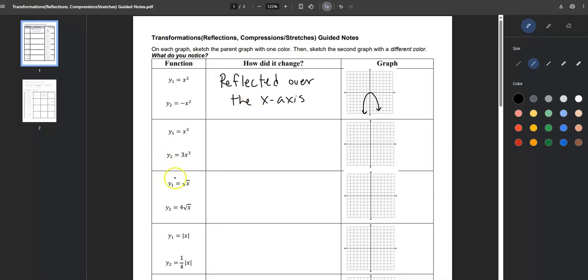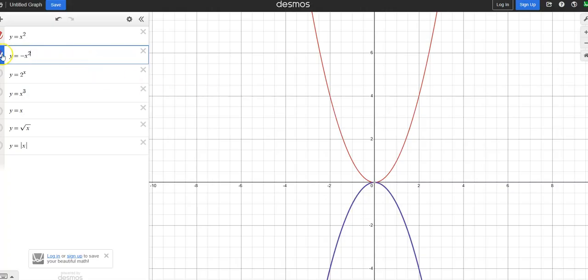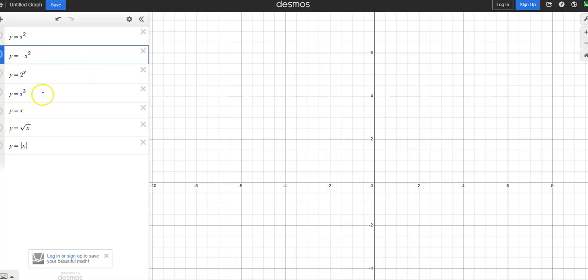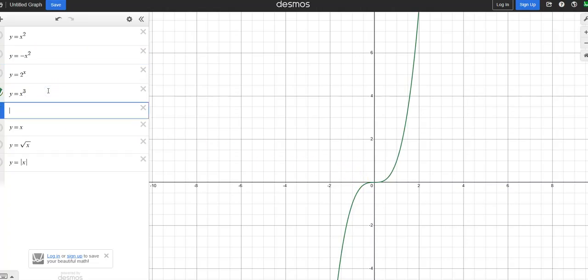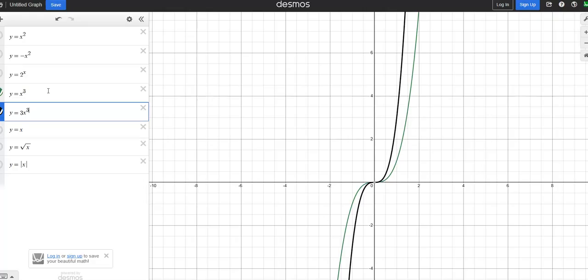Okay, let's look at this next one. I've got x to the third and then 3x to the third. My x to the third is this graph. And if I'm going to do that other one, we're going to go y equals 3x to the third. That's that black line.